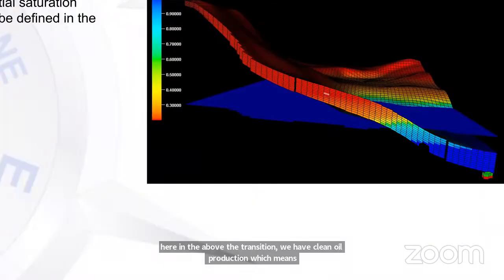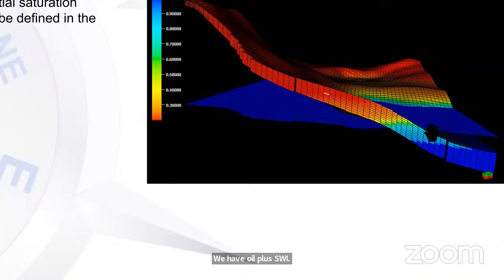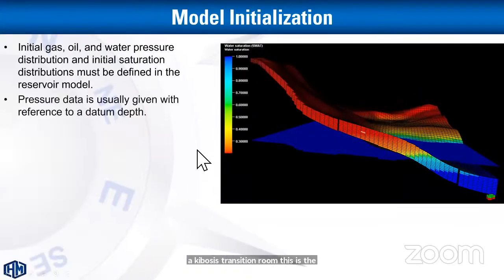But in between, for this transition zone, we have a gradual change in saturation from 100% at this grid block to SWI at this one. And so defining the fluid distribution across this transition zone is the process of model initialization.